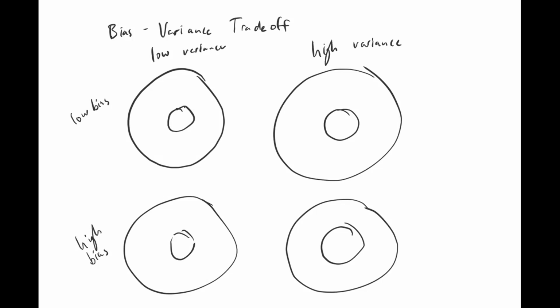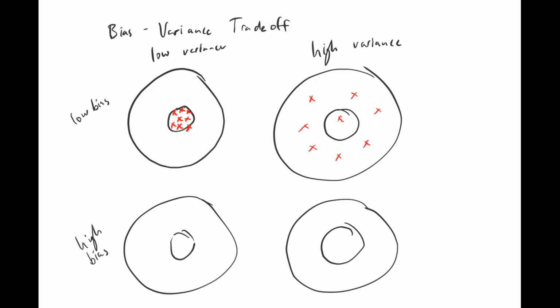When you have low variance and low bias, it means you're hitting your target right where it needs to be. When you have high variance but low bias, it means that you are accurate, but that your points may be really spread out.